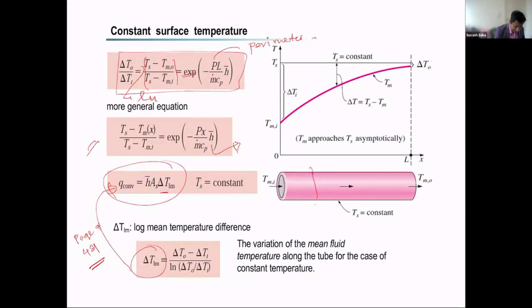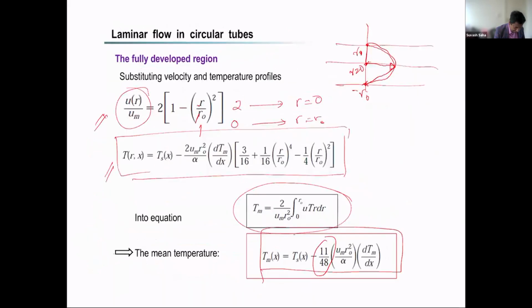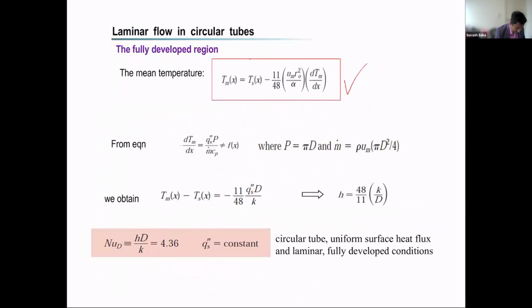If we put this, it is actually dTm by dx. So we are coming here: Ts minus Tm is equal to this, this is our rho, we also have this on this side, and we have a dx at the end.